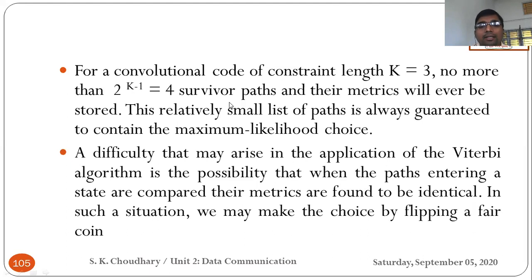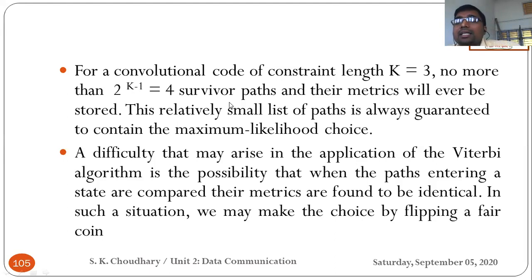A difficulty that may arise in the application of the Viterbi algorithm is the possibility that when the paths entering a state are compared, their metrics are found to be identical. This is the difficulty in this particular algorithm: sometimes two paths have the same metric value.